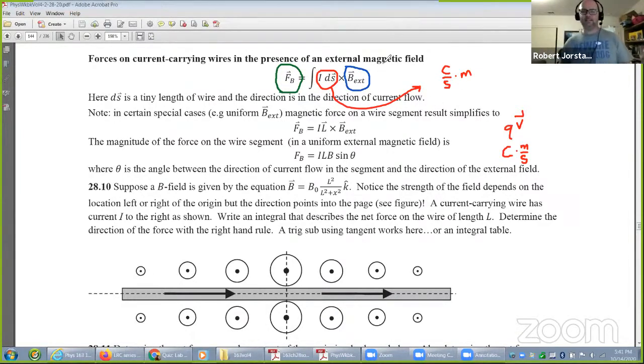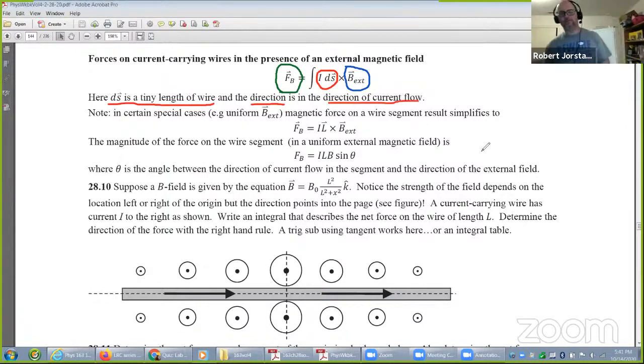Now, what is ds in this problem? ds is a tiny length of wire, and even though current isn't a vector, we say the direction is the direction of current flow. Now, if we have certain special cases where you have a uniform magnetic field and a straight wire, we actually get this result.